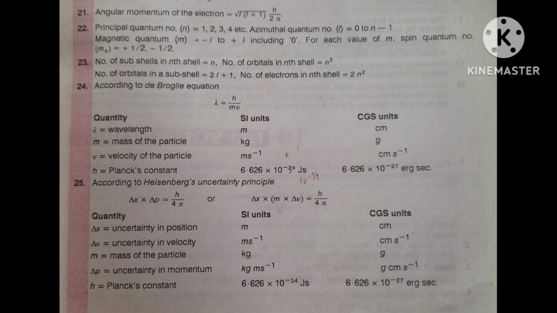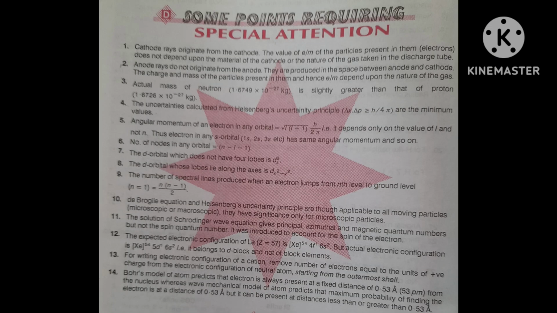Remember, the value of e upon m of the particles present in cathode rays does not depend upon the material of the cathode. Correct? It does not depend upon the material of the cathode or the nature of the gas kept in the discharge tube.